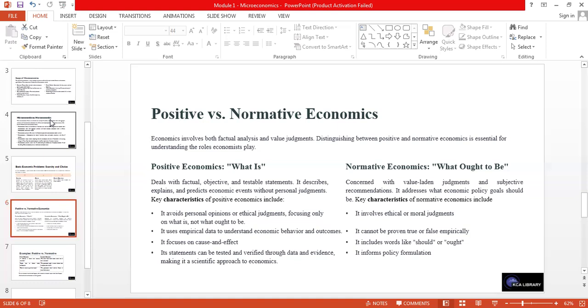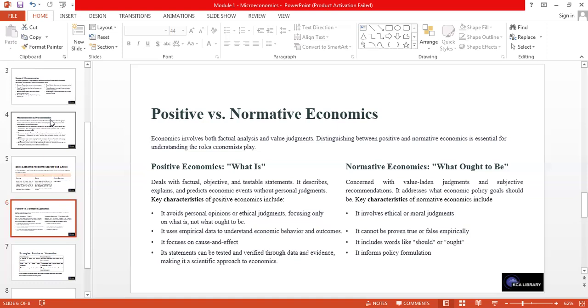It uses empirical data to understand economic behavior. Also, it focuses on cause and effect. And lastly, its statements can be tested and verified through data, making it a scientific approach to economics.